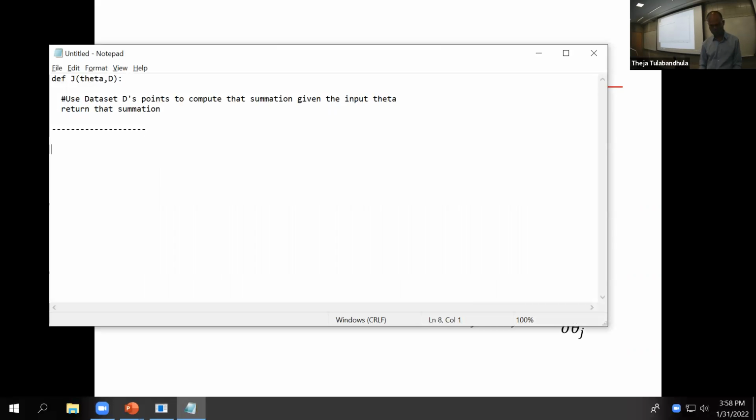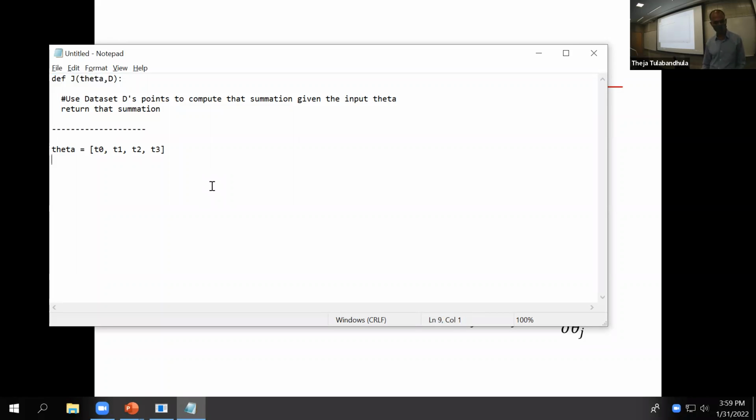All I'm saying is, let's say theta is, let me just use T1, T2, T3, and there is also theta naught. I'm not writing the full theta, but here the T's mean theta 0, 1, 2, and 3. So this function here, given a theta, produces one number as an output, right?